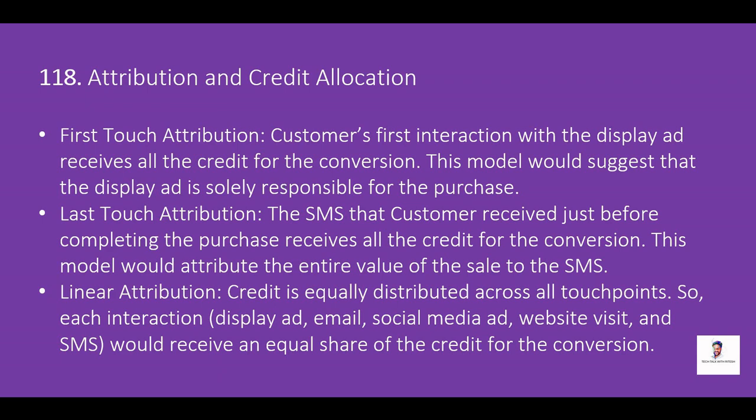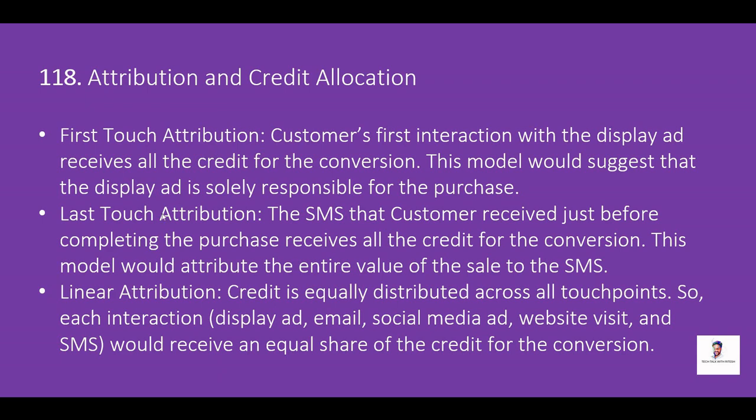So first touch attribution. Customer's first interaction with the display ad receives all the credit for the conversion. This model would suggest that the display ad is solely responsible for the purchase. You see, whenever the customer sees the ad for the very first time, that is the actual cause that the customer has purchased the laptop.